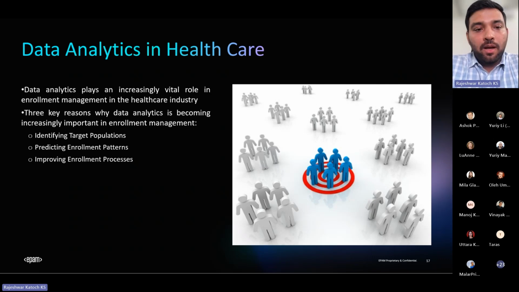And coming on to data analytics in healthcare. Data analytics in healthcare is, I would say, a booming aspect that is really helping many healthcare administrators, like identifying the targeted population. Data analytics allows healthcare organizations to identify specific populations that most need certain healthcare coverages.